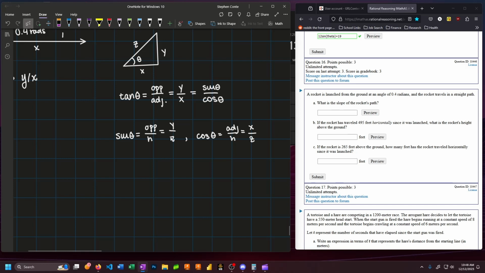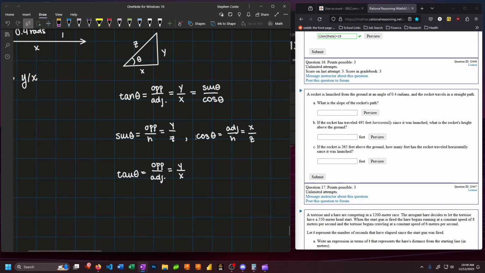So tangent of theta is sine of theta over cosine of theta, which is equal to opposite over adjacent, which is equal to y over x.